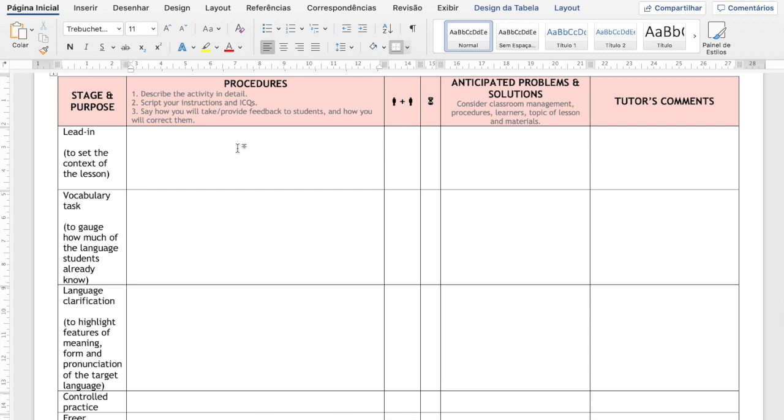So let's say that for the leading, I'm going to play a memory game with the students. So here I have to first describe the activity in detail. For instance, memory game.